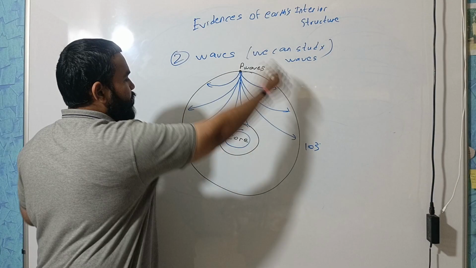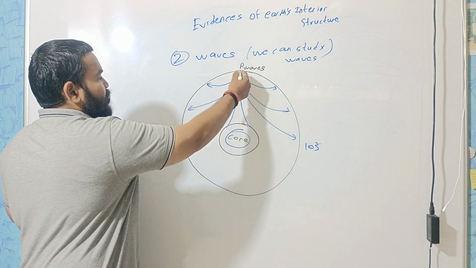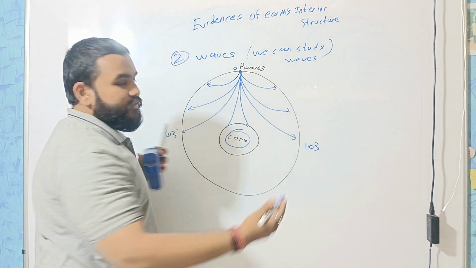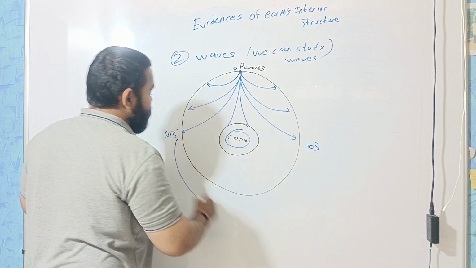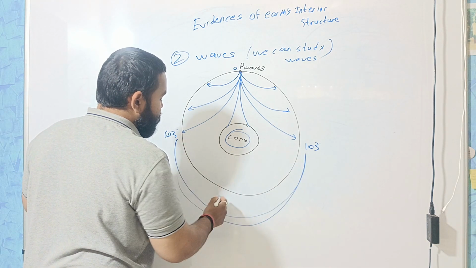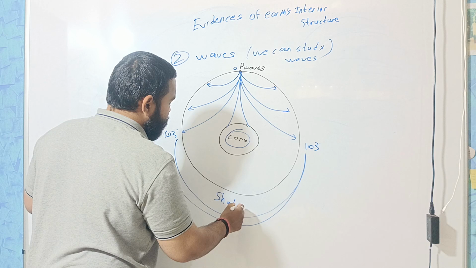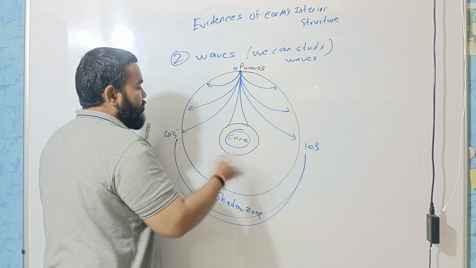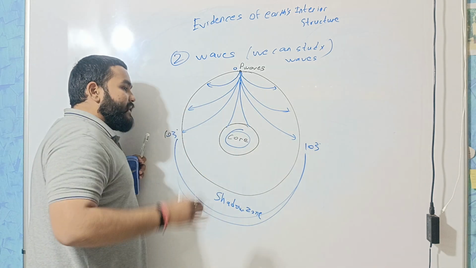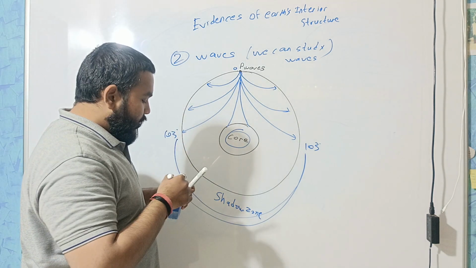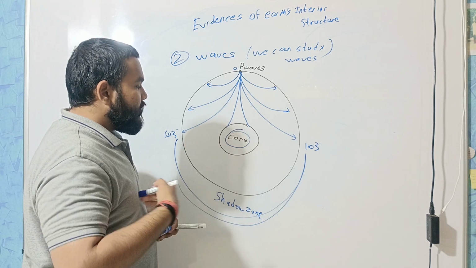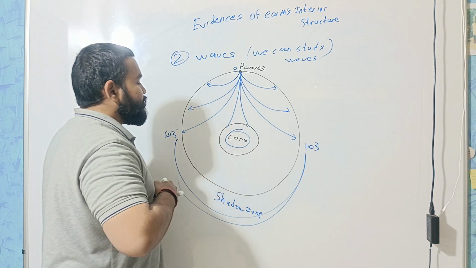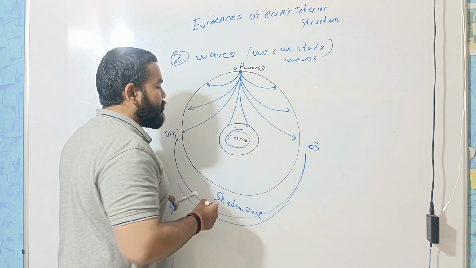If I consider the complete earth from 0 degree to 103 degrees, then this portion I'm seeing right now is called the shadow zone. Shadow zone means waves are not reaching here, and that is the reason we can predict that here it is a liquid, not a solid.